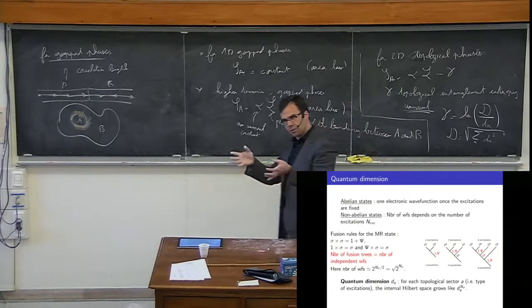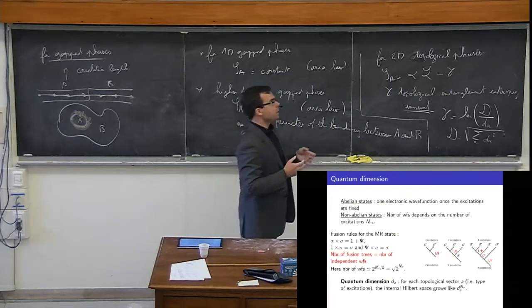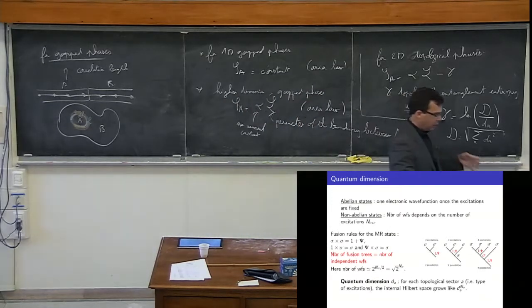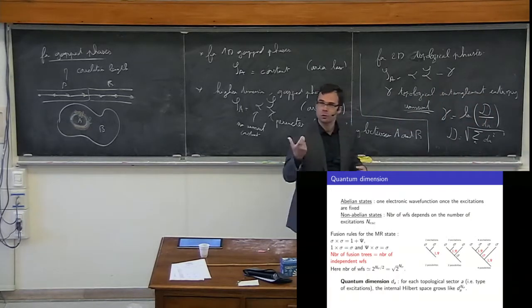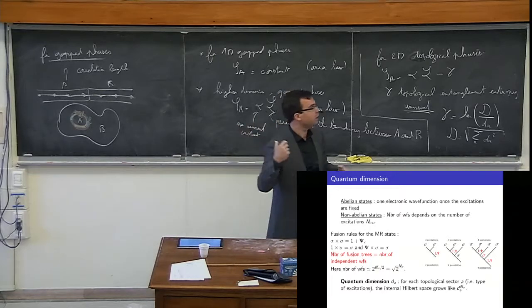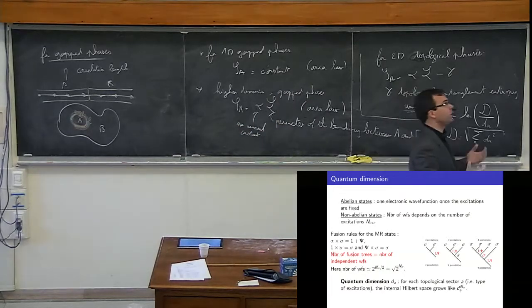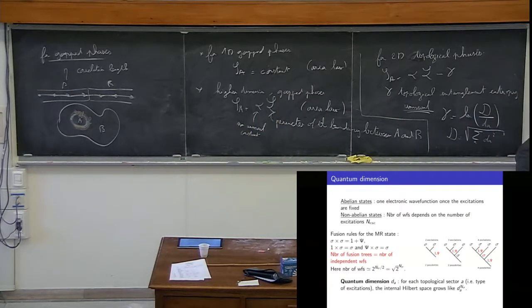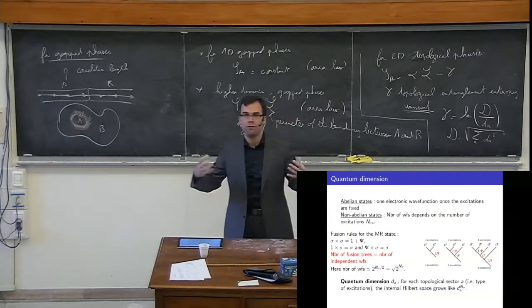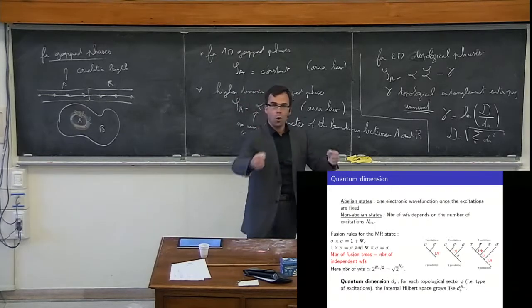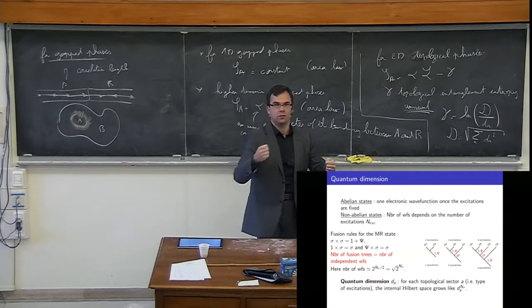They have fractional statistics, but are still abelian, right? So if you add more and more excitations, there is no internal space. The Moore-Read state is a bit of a different story. It's a non-abelian state. So somehow, this quantum dimension tells you how many wave functions you can write down once you have pinned all the excitations.